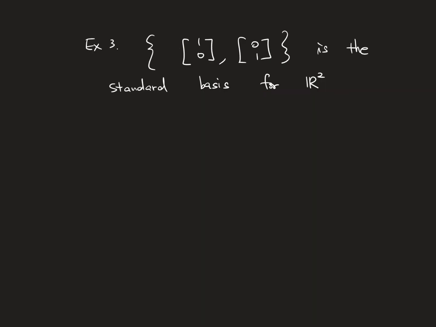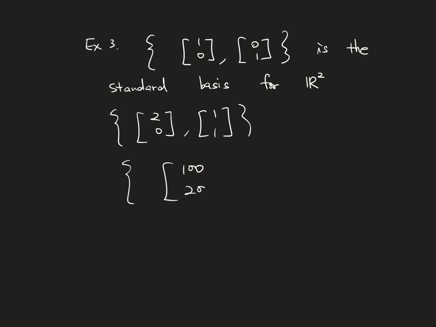(1, 0) and (0, 1) is the standard basis for R2. And as I said earlier, we have many bases for R2. For example, (2, 0) and (1, 1) could be a basis, and (100, 200) and (3, 5) could be a basis. There are many bases. As long as they are independent, they are all bases.